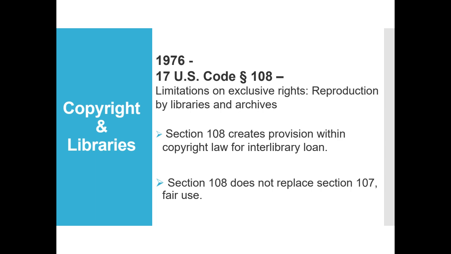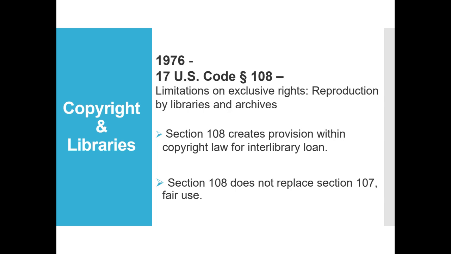The next section that affects libraries is 108, limitations on exclusive rights, reproduction by libraries and archives. Congress enacted Section 108 in 1976, authorizing libraries and archives to reproduce and distribute certain copyrighted materials without permission on a limited basis for the purposes of preservation, replacement, and research.